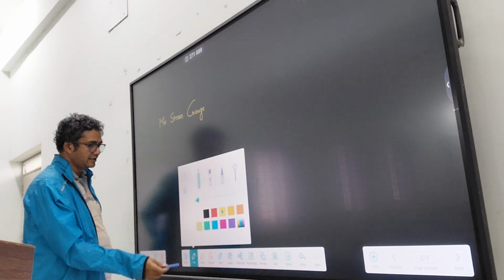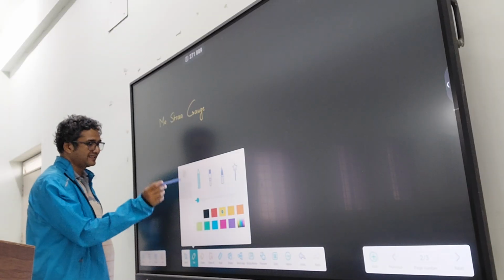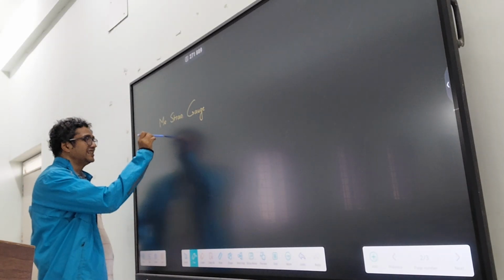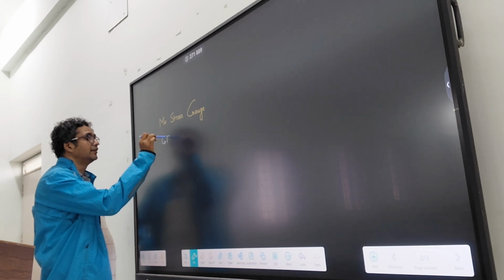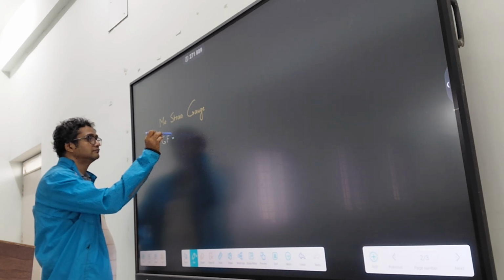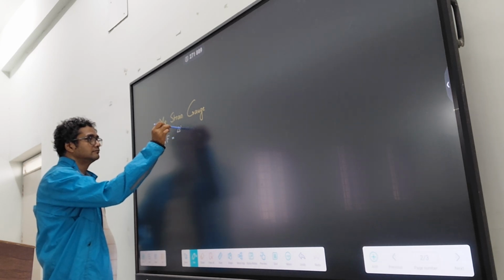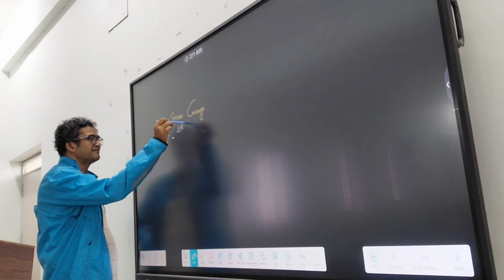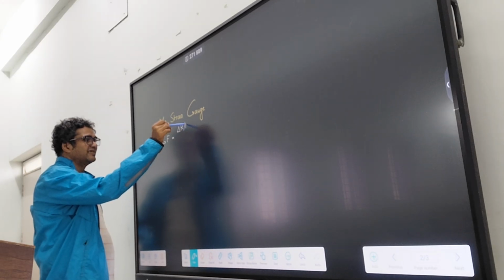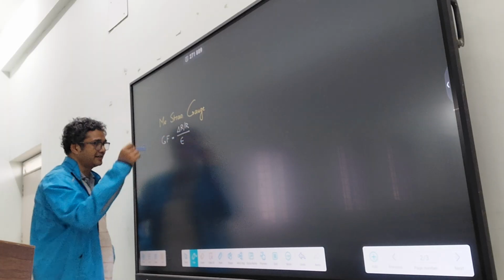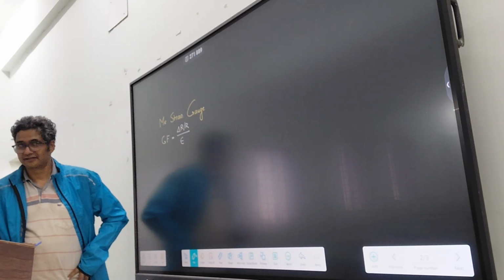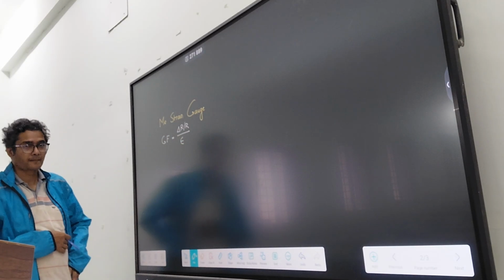So what can you learn? It's based upon this gauge factor. So we got the gauge factor GF equal to change in resistance by R divided by the strain. Strain, we can call it strain.